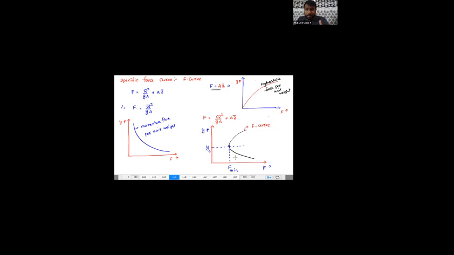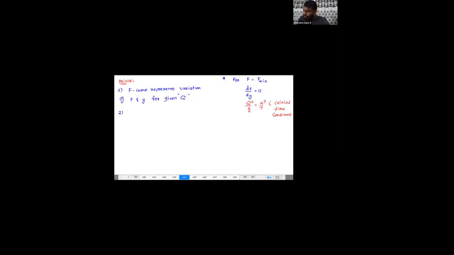Critical flow occurs at F minimum, and the depth corresponding to it is the critical depth, YC.